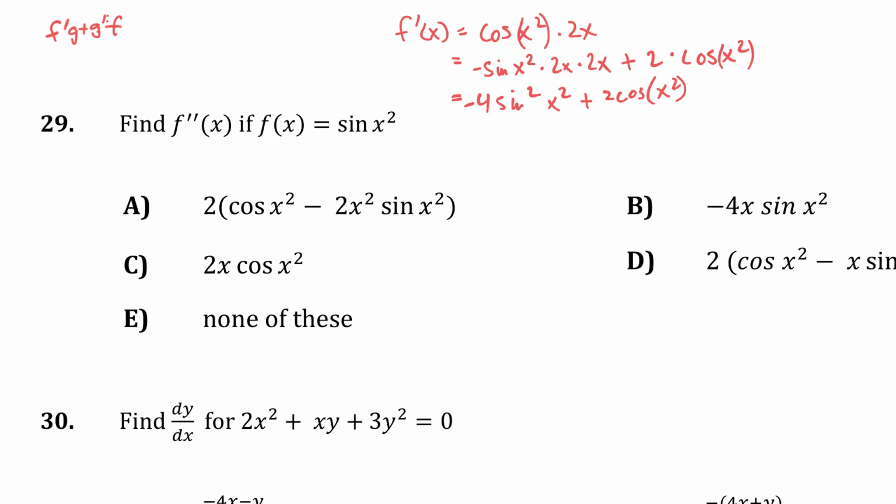And where do we stand with this so far? Well, a little wonky here, but we could factor out a 2. Factor out a 2, and let's switch the position here. So let's bring this over here. So it's cosine of x squared, and then minus 2 sine squared x squared.